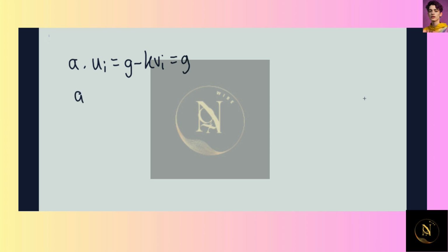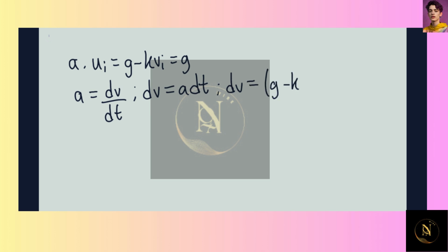So we can say that a, the acceleration, is going to be equal to the derivative of the velocity with respect to time. Therefore, dv will equal a dt, and we can say dv equals g minus kv times dt.